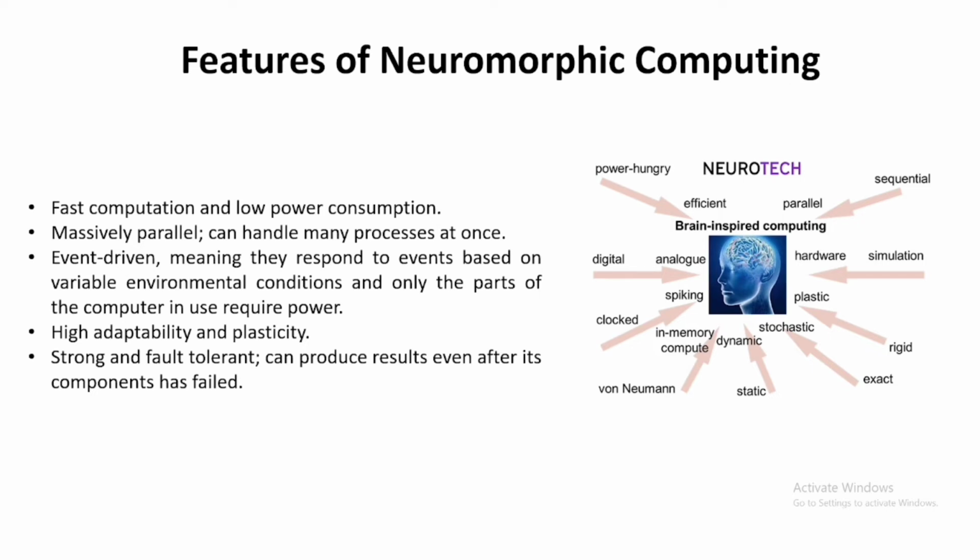So these are the features of neuromorphic computing, and we can see that it is the future, and it is a very good alternative to the traditional computers that we have right now.